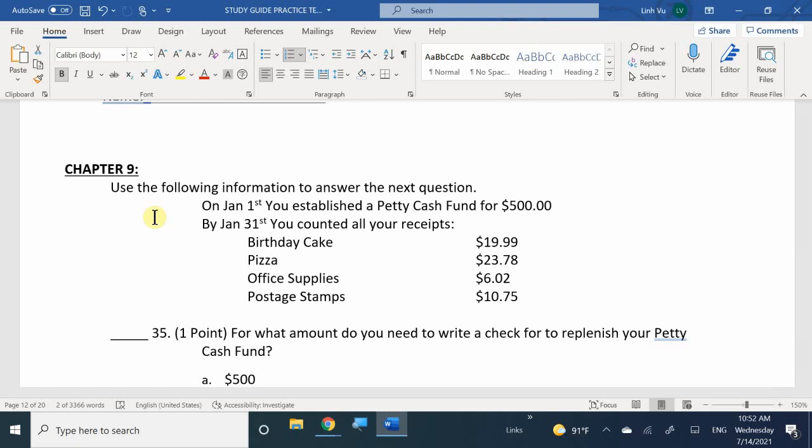Okay, so $19.99 for the birthday cake, $23.78 for pizza, $6.02 for office supplies, and $10.75 for postage. So, question number 35 asks, for what amount do you need to write a check for to replenish the petty cash fund?